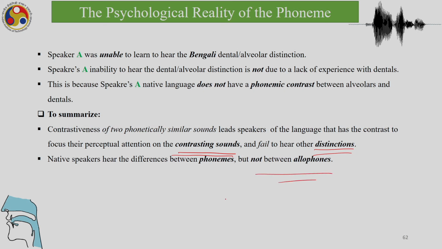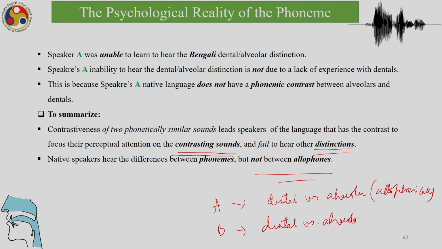That's precisely the reason that A could not hear the difference between dental versus alveolar, although it occurs allophonically, whereas in B's language, dental versus alveolar was a phonemic contrastive difference.